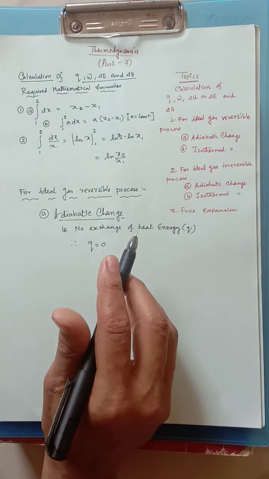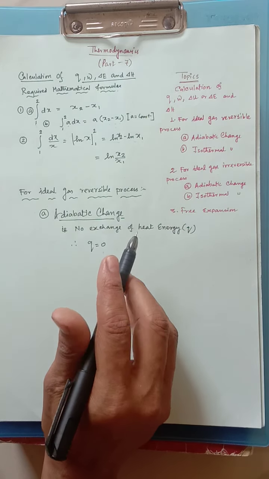In the last video we discussed this, the heat capacity. This is the relation between internal energy and heat capacity, and from that relation we can easily derive dE equals Cv dT. Let me write, this is equation number 1 and equation number 2 it is.